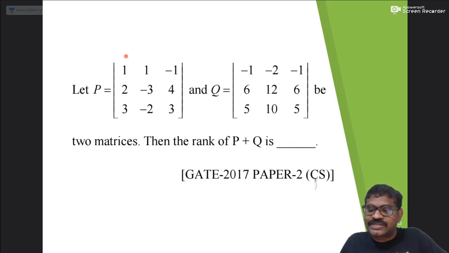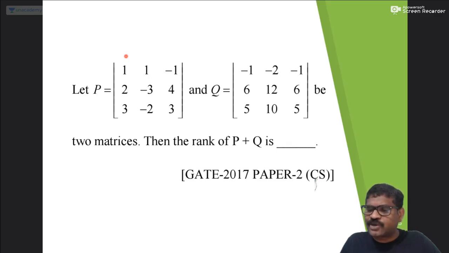Some students calculate rank of P, some students calculate rank of Q, and by using P and Q, they are going to fix the answer. That is a 200% mistake. You should not go by that path.